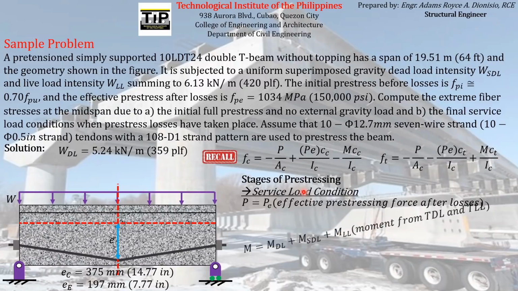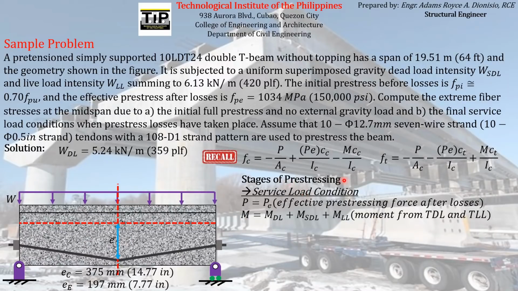And then the moment being experienced by the concrete at the service load condition will now be the moment due to the dead load or the self-weight itself. And then additional to that, because there is an additional load, which are the superimposed dead load and live load, there will be additional moment induced on the concrete element itself, which are the moment due to the superimposed dead load and the moment due to the superimposed live load.